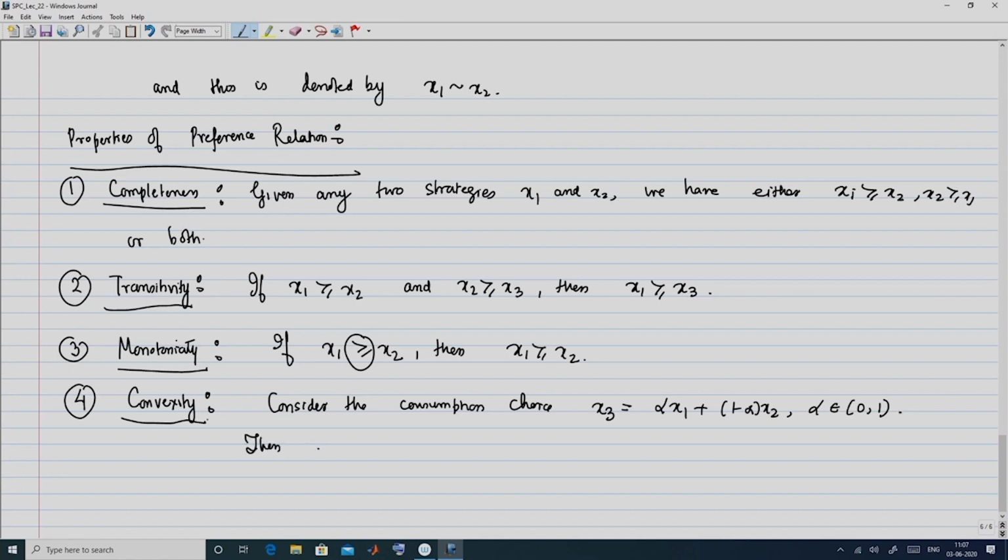Then we have x3 is preferred over x whenever x1 is preferred over x and x2 is preferred over x.